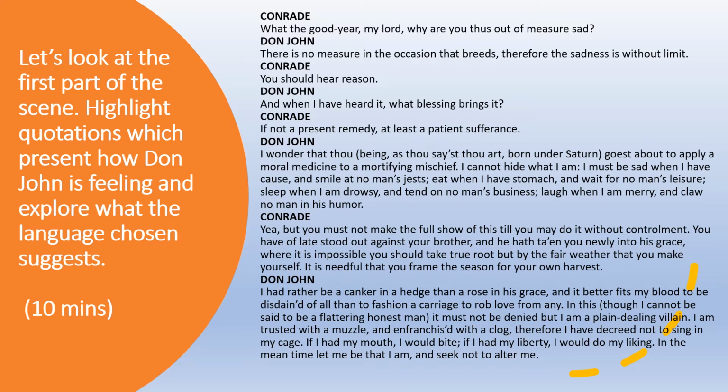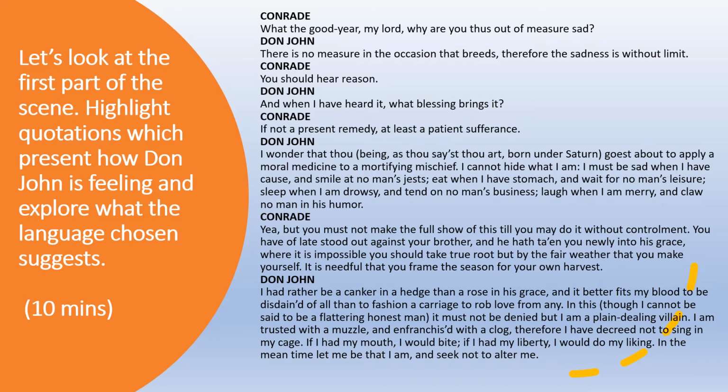Conrad: Yea, but you must not make the full show of this till you may do it without controlment. You have of late stood out against your brother, and he hath taken you newly into his grace, where it is possible you should take true root but by the fair weather that you make yourself. It is needful that you frame the season for your own harvest. Don John: I had rather be a canker in a hedge than a rose in his grace, and it fits my blood to be disdained of all than to fashion a carriage to rob love from any.